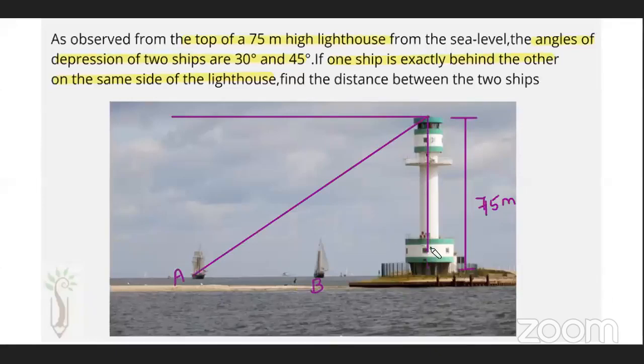Ma'am, far. The more far away, the angle will be smaller. Okay? So now tell me what angle should I mark? Ma'am, for A 30. And for B? 45. Yes. So we'll write like this, first 30 degree. Then we'll mark a 45.